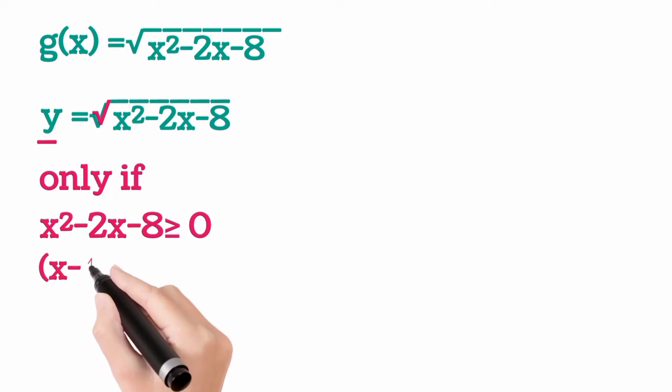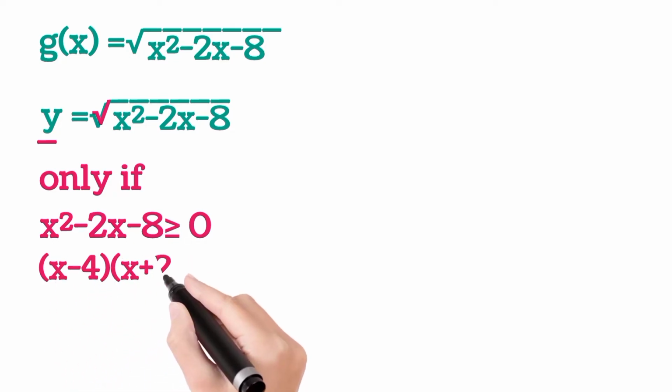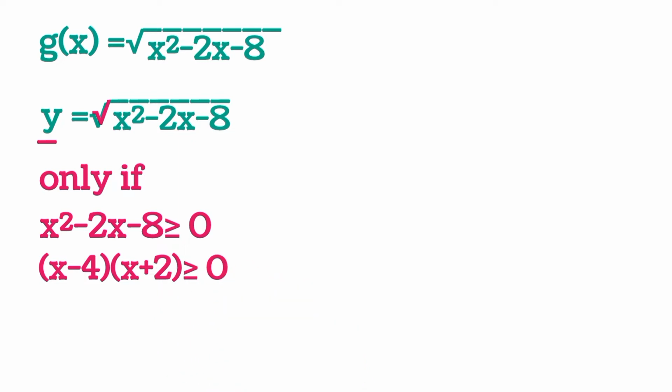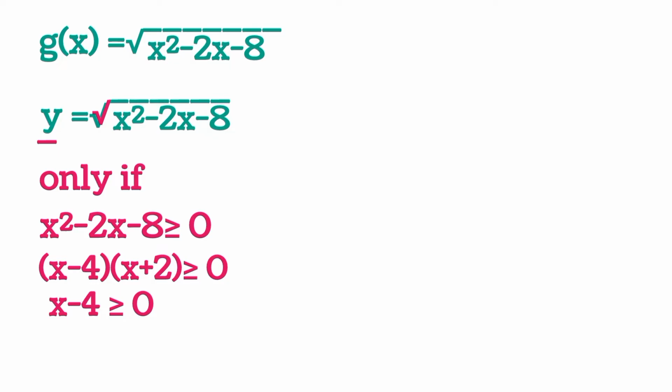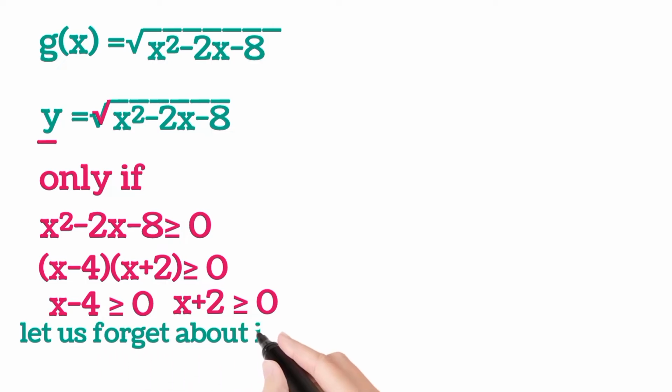So this can be written as (x − 4)(x + 2) ≥ 0. That is, x − 4 ≥ 0 and x + 2 ≥ 0. Now let us forget about the inequalities.